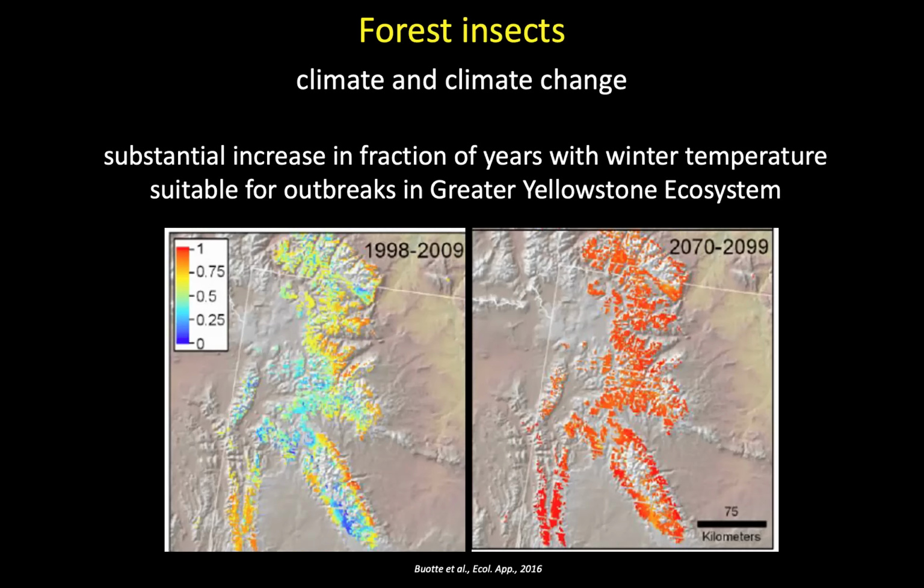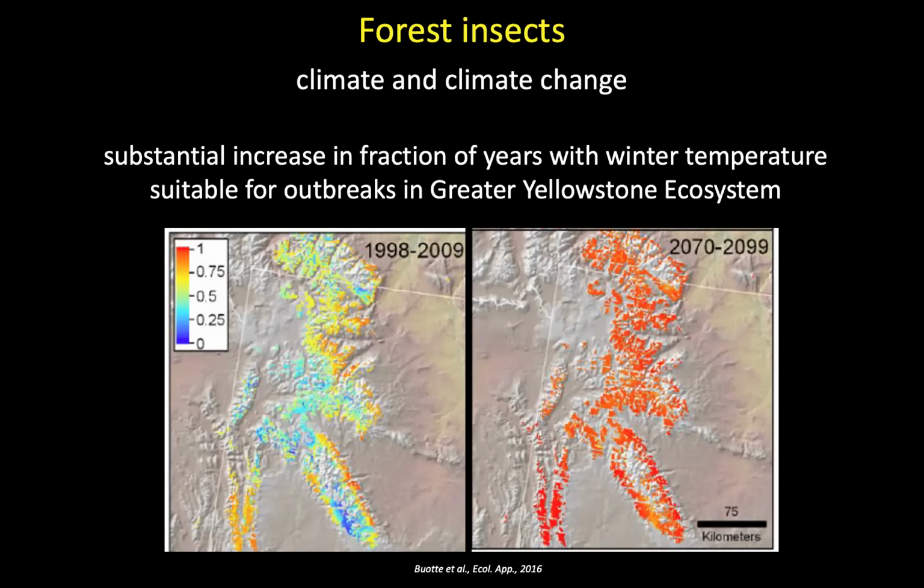The map on the left shows the number of years within a decade that have conditions that are favorable in terms of winter temperatures for mountain pine beetles. You can see that there are some locations with fewer years that are favorable, 0 to 1, for instance. That's in the blues and greens.